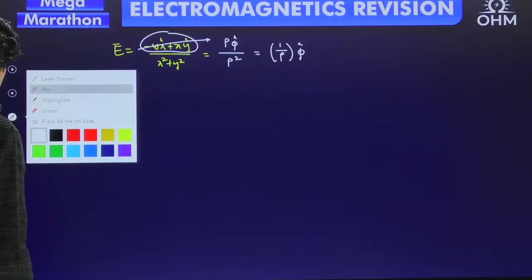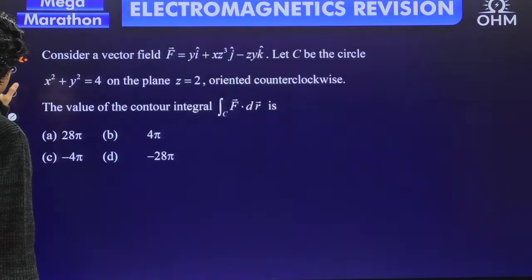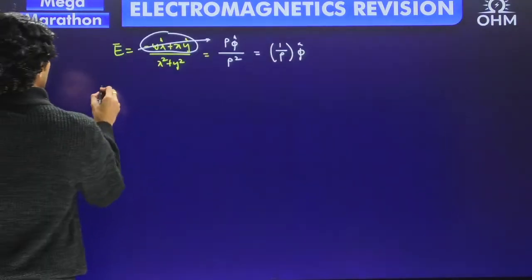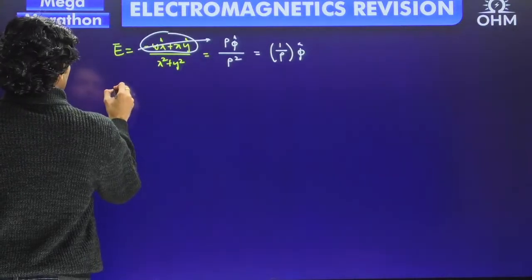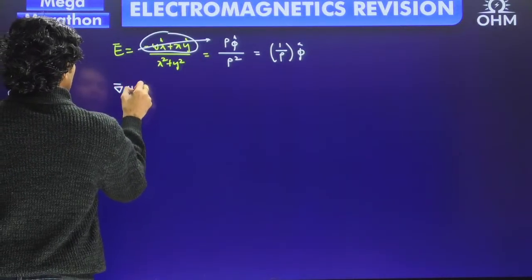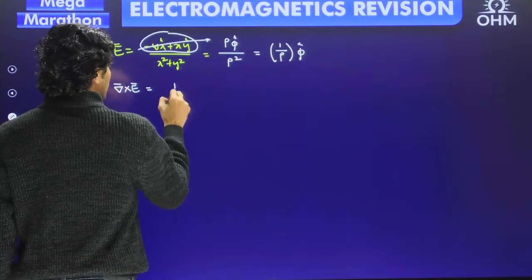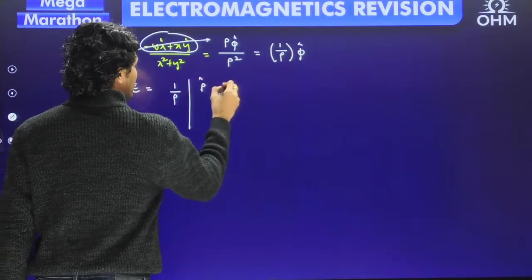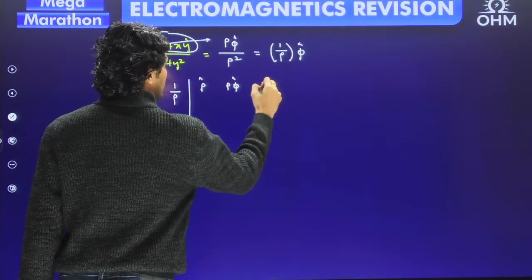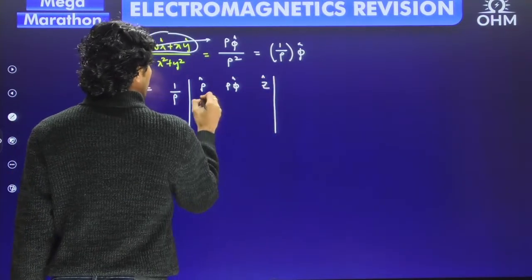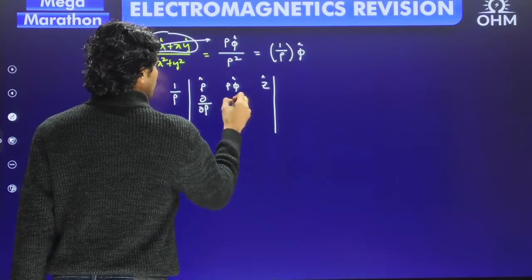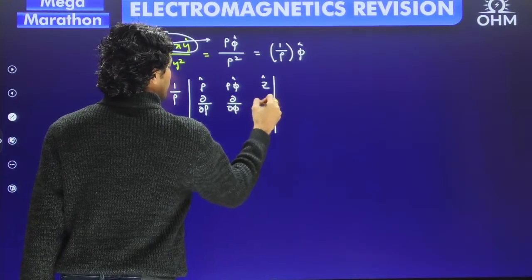Now, like in the previous case, I have to calculate the curl, del cross E. This becomes equal to 1 by rho into the determinant of rho cap, rho phi cap, z cap. I'm using the cylindrical coordinate system expression: dou by dou rho, dou by dou phi, dou by dou z.